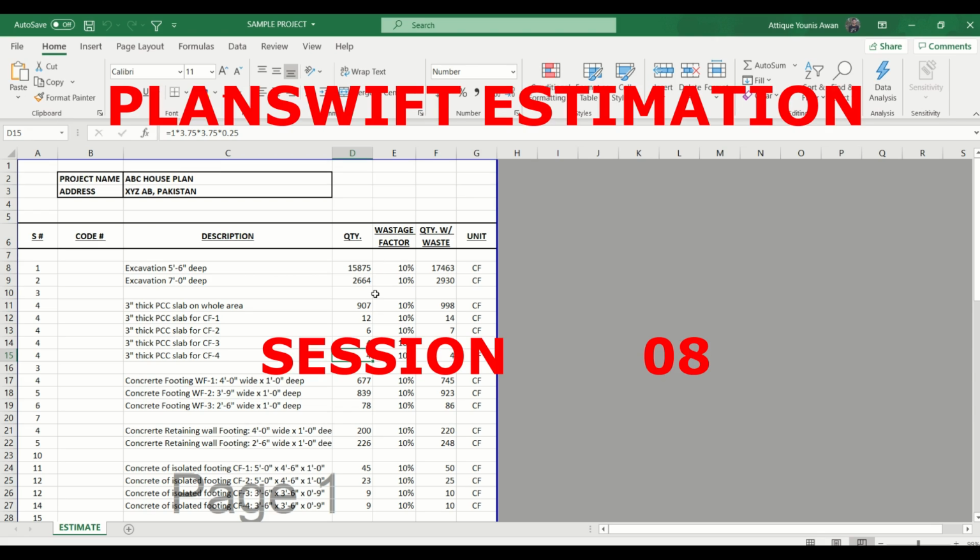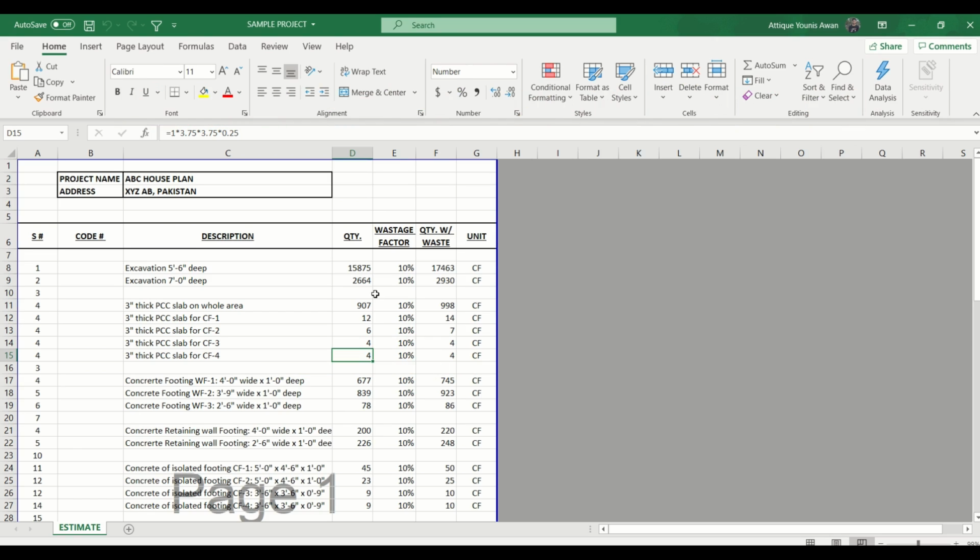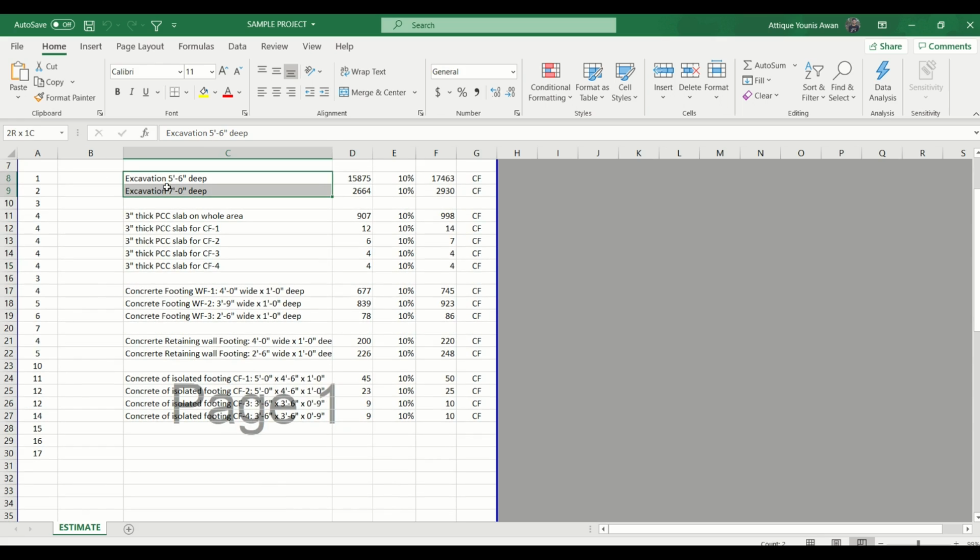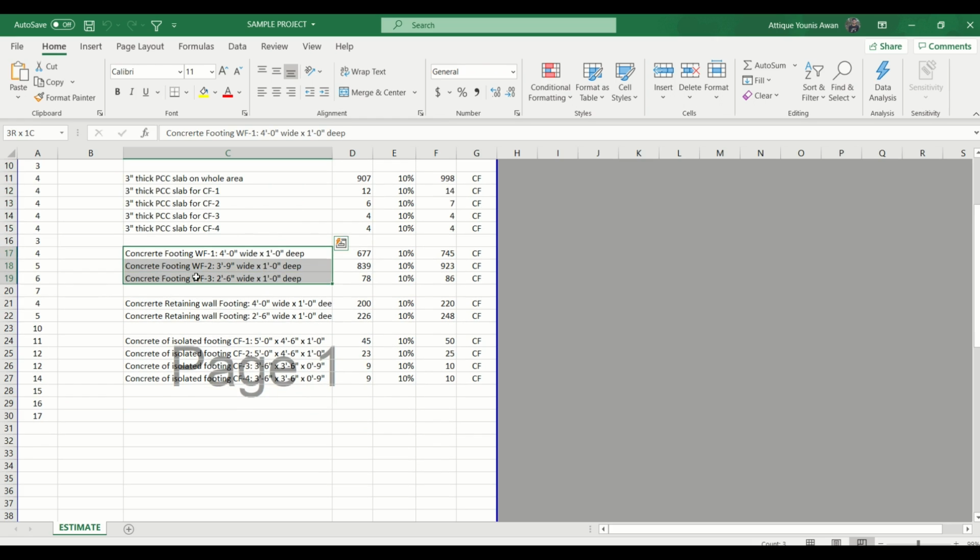If I give you a summary of our previous sessions, you can see my screen. I have performed the estimation of excavation, and then we have the PCC over that excavation, and then we will be having concrete footing and retaining walls.